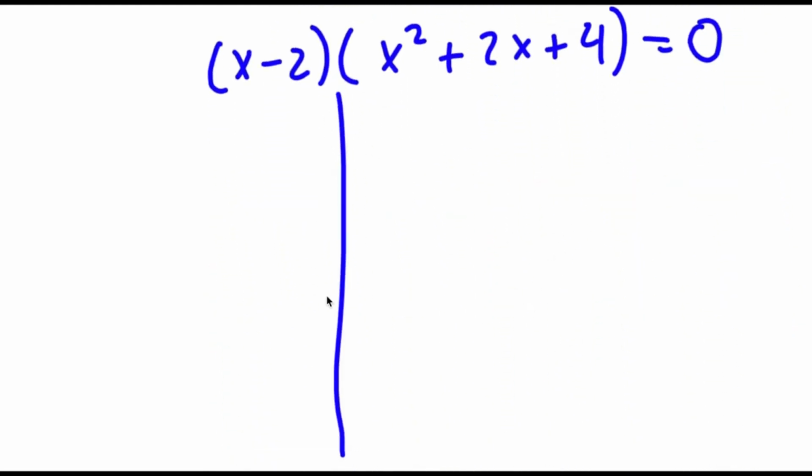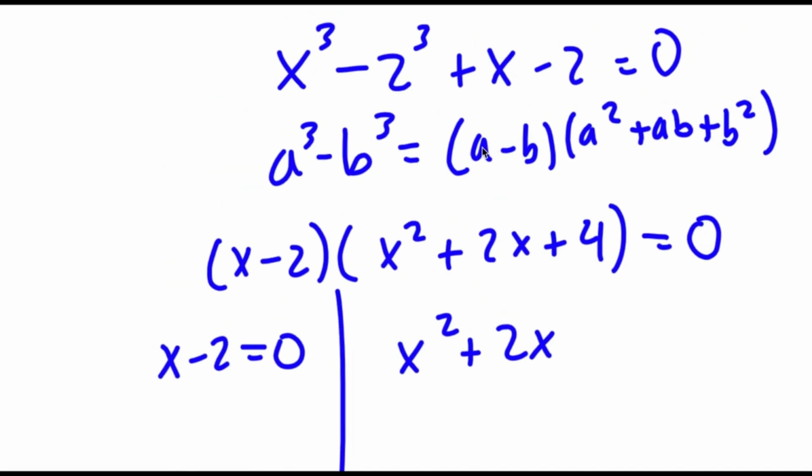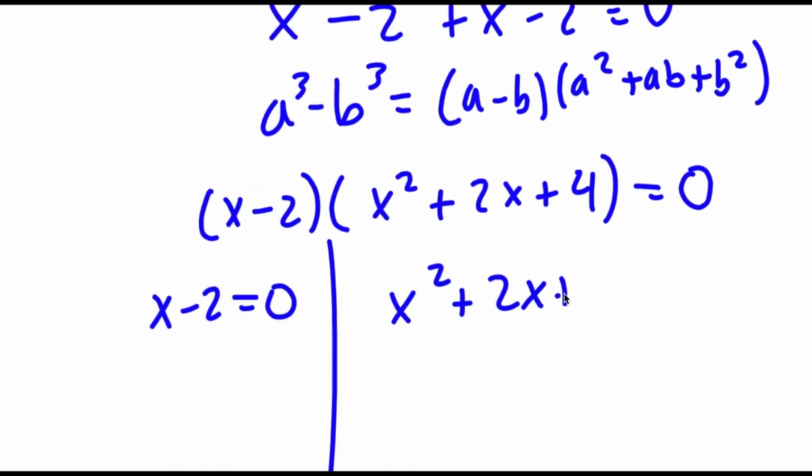Now, this gives me two equations. I have x minus 2 is equal to 0, and I have x squared plus 2x plus 4.